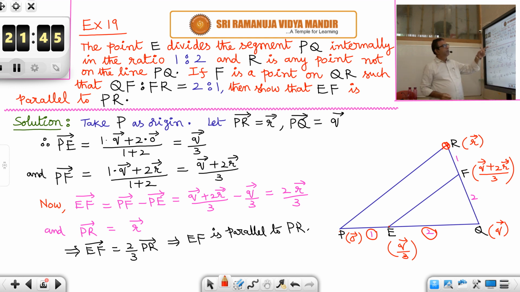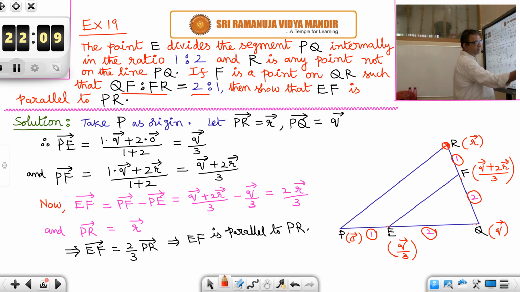Now, if F is a point on QR, Q and R are joined. Now F is a point on it such that the QF to FR ratio is 2:1. That one I have marked. Then show that EF is parallel to PR.